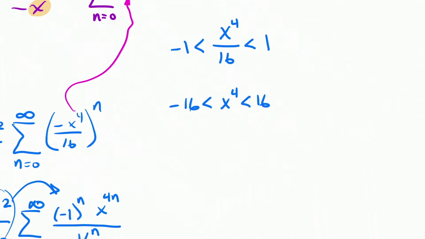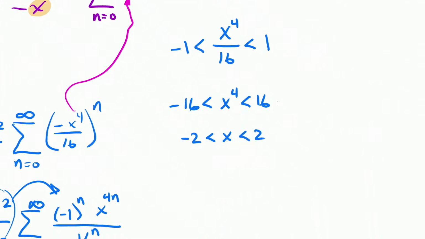So x to the 4th being between 0 and 16 means that the 4th root of x to the 4th is between 0 and 2. However, when you do the 4th root of x to the 4th, you get the absolute value of x. And so that forces us to consider negative numbers again. And so this ends up being from -2 to 2.